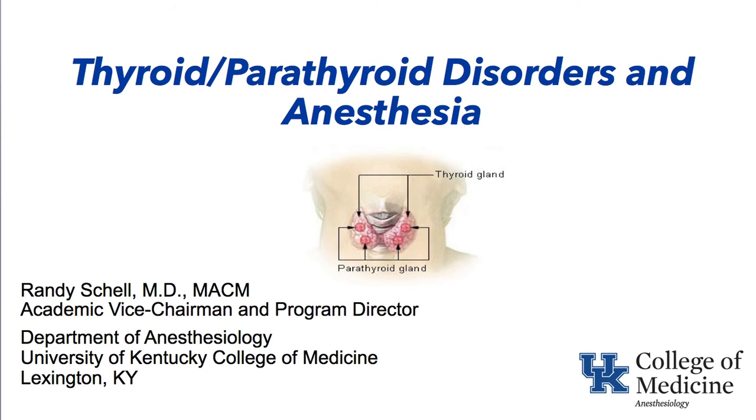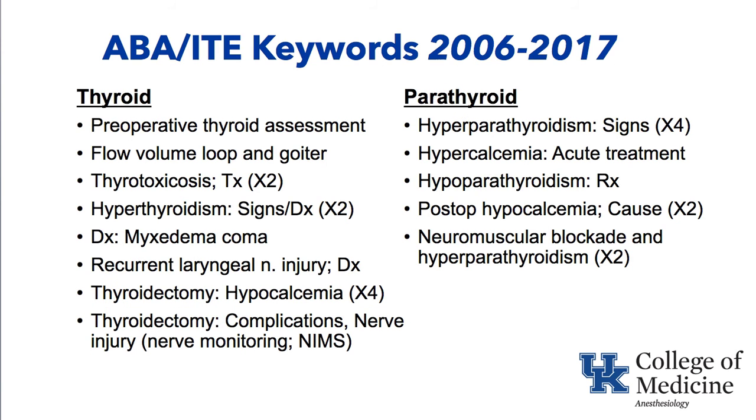Let's first look at the American Board of Anesthesia in-training exam keywords between 2006 and 2017, the most recent in-training exam, on the topics thyroid and parathyroid disorders. Under thyroid, you can see preoperative thyroid assessment, hyperthyroidism, hypothyroidism, injury to nerves near the thyroid, and other complications such as injury to the parathyroids resulting in postoperative hypocalcemia.